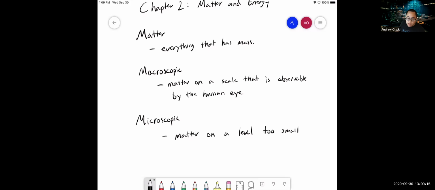It's basically matter on a level. Let me backtrack. Sorry about that. So matter on a scale that is observable by a classical microscope.